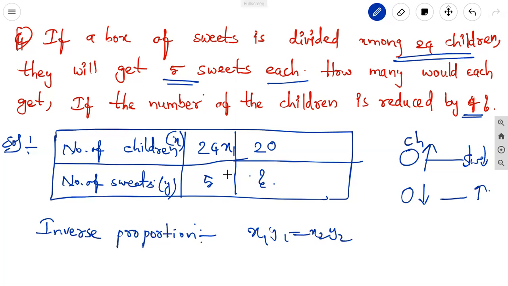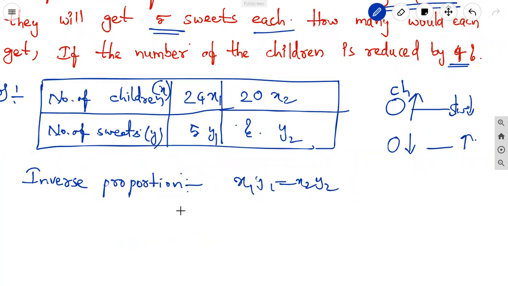24 children, each child getting 5 sweets. For 20 children, how many sweets does each get? Here we take the inverse proportion relation: 24 into 5 equals 20 into y. The unknown value is y.